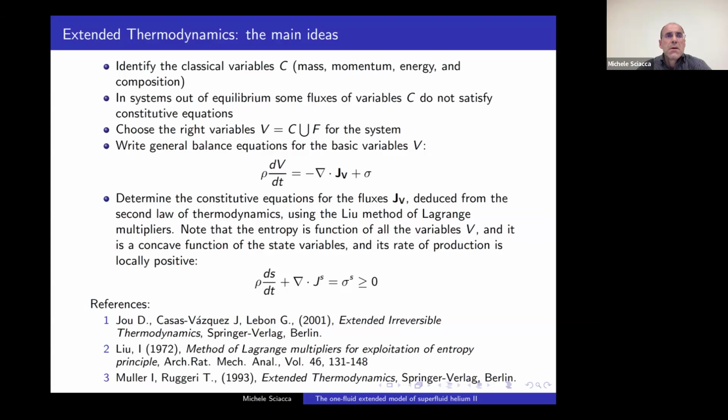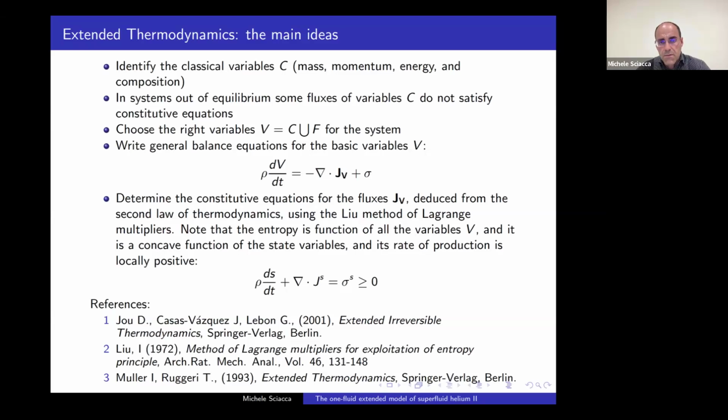One of them may be the fluxes of the main variables, as is the case for the heat flux. So in extended thermodynamics the classical variables are taken together with the fluxes, those fluxes for which the constitutive equations are not valid. This means that the variables are enlarged.